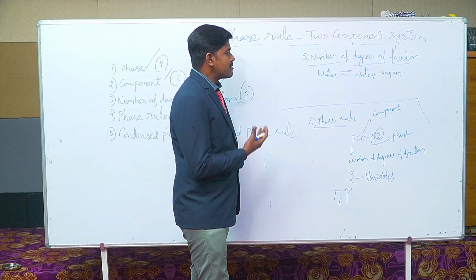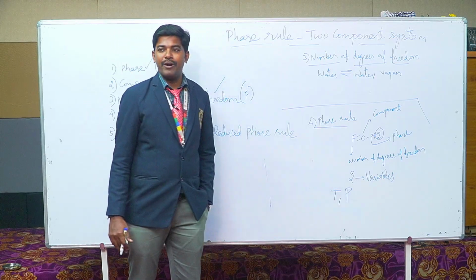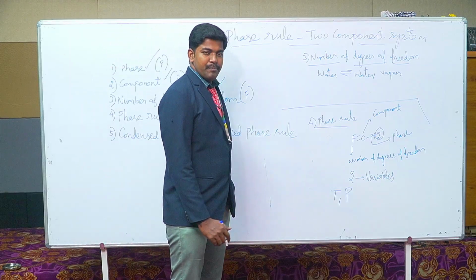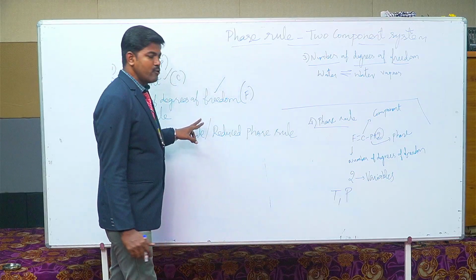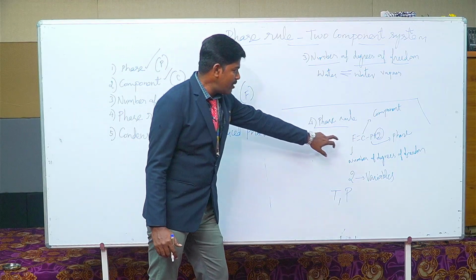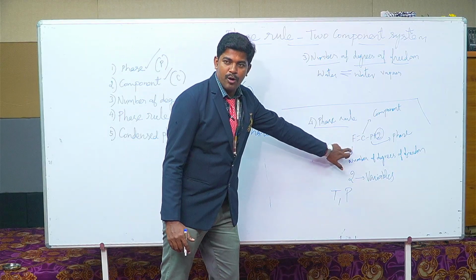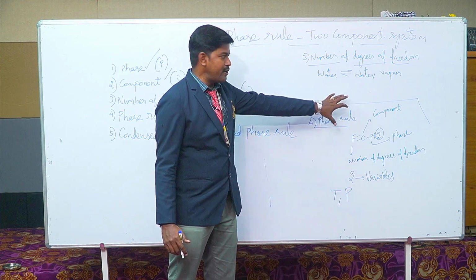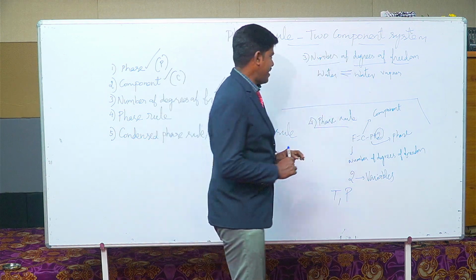For this equilibrium reaction, we need to find out the number of degrees of freedom. To find it, we need to use the phase rule formula. Already we have discussed the phase rule formula. So this is the formula. I am going to apply it to calculate the number of degrees of freedom in this equilibrium reaction.